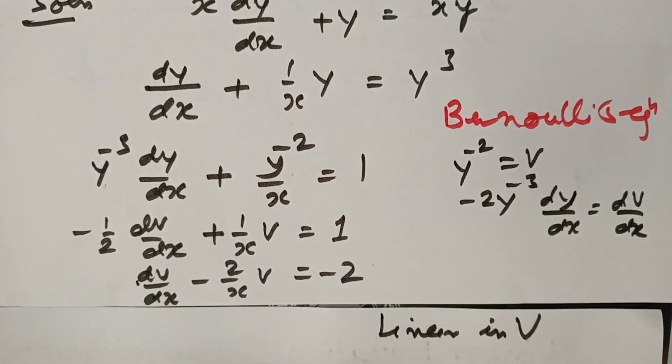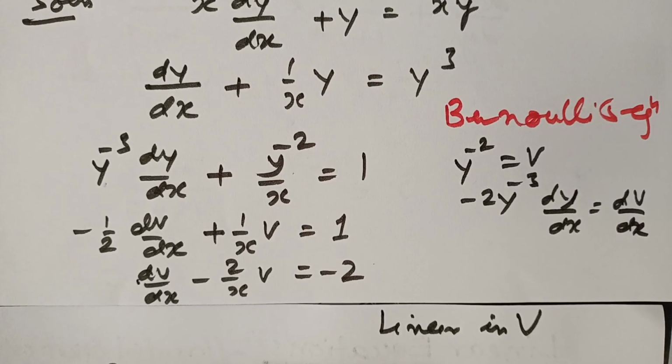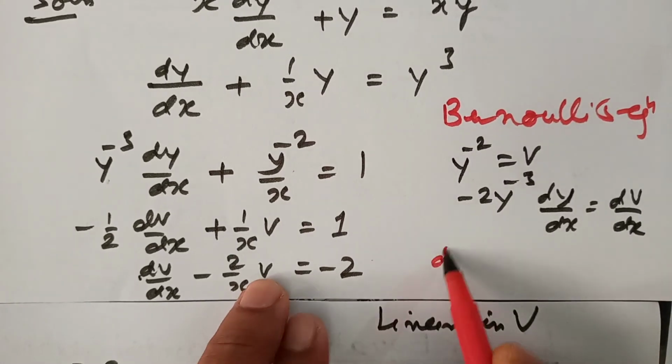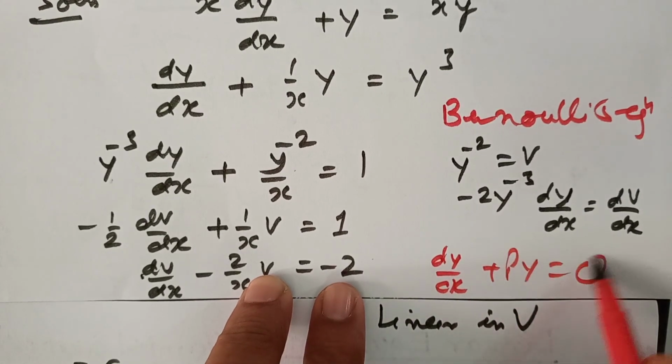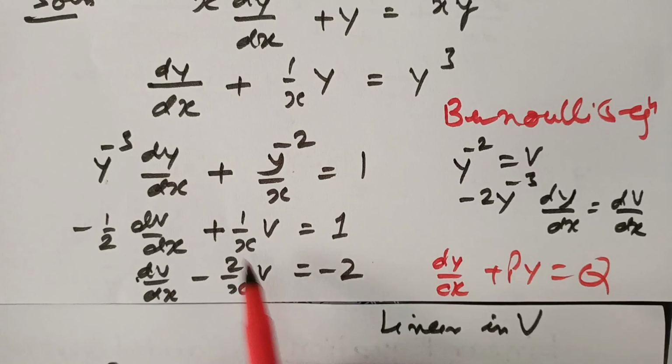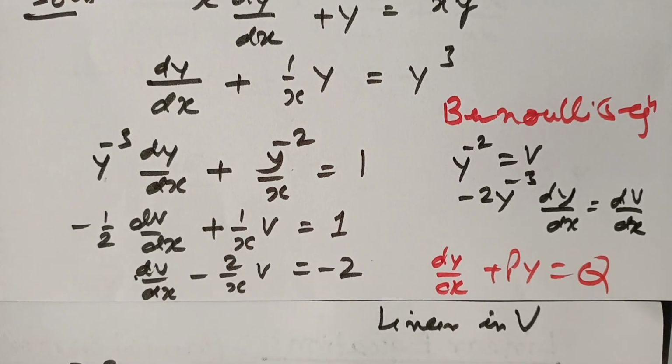Okay, so now the integrating factor. What is the integrating factor? e to the power integral of p. So we compare with the standard form dy by dx plus py is equal to q. So here p is nothing but minus 2 upon x and q is nothing but minus 2.